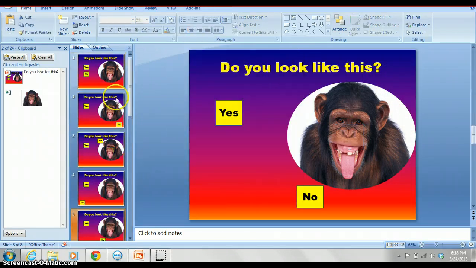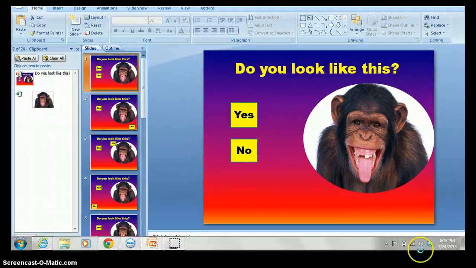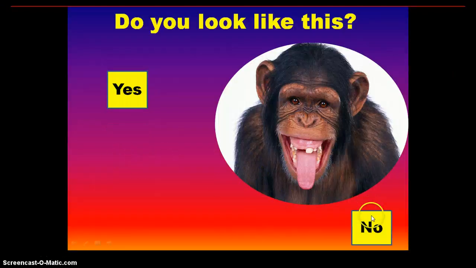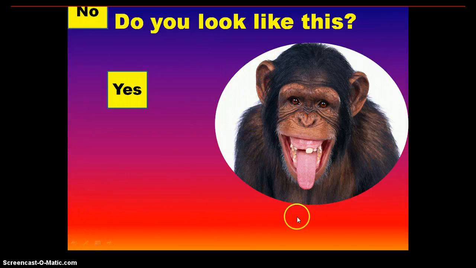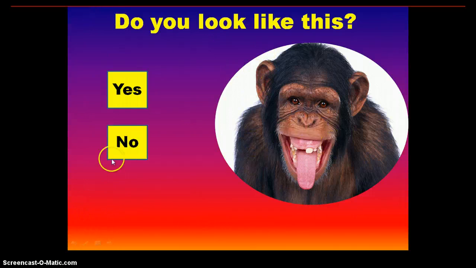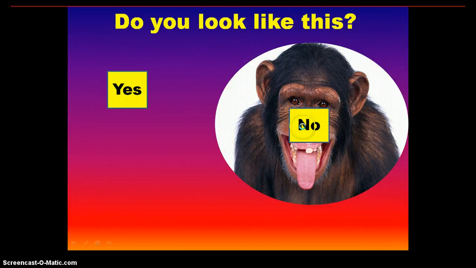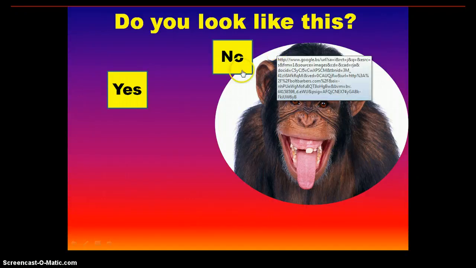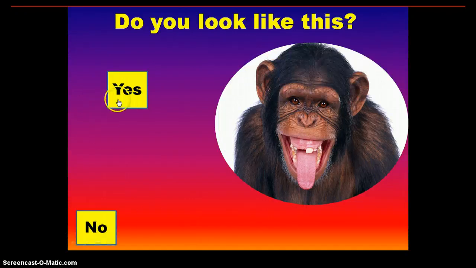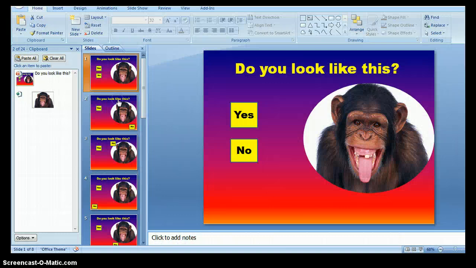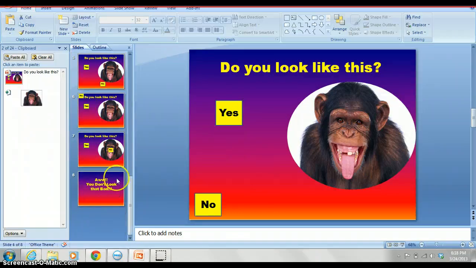So now that persistent person could be there all day trying to prove that they don't look like this, and the no just keeps running away all the time. And then they finally click yes, and we have this nice consolation message at the end.